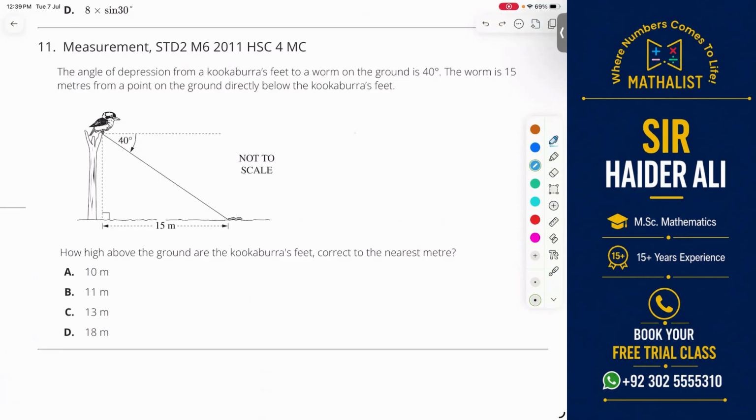Okay, and now 11. If it's 40, this one also 40, right? And you want to find the height. What is the height? See this triangle. Which formula will you apply here?